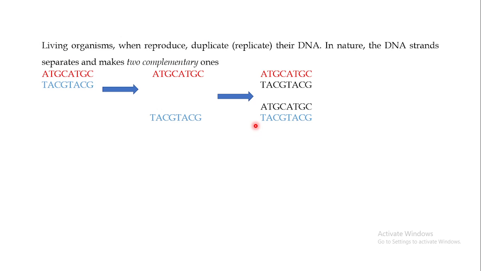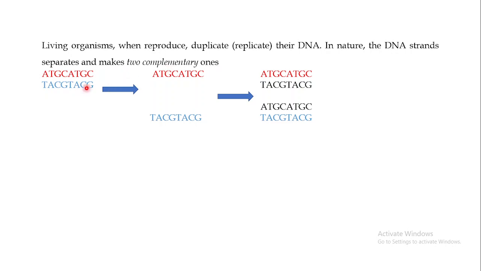Another important thing about the complementarity of the DNA is that living organisms like human beings, when they reproduce, are going to replicate their DNA. What I mean by replication is that they are going to duplicate their DNA. So in nature, what happens is that the DNA strands are going to separate from each other and make two complementary ones.